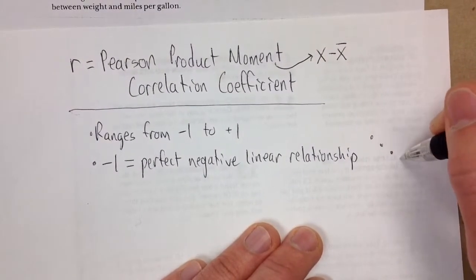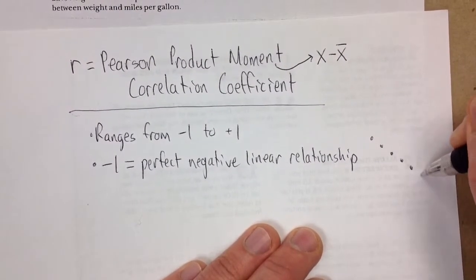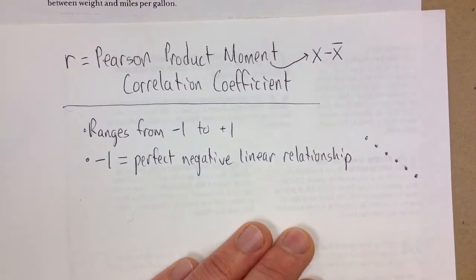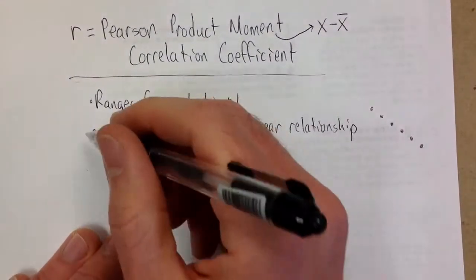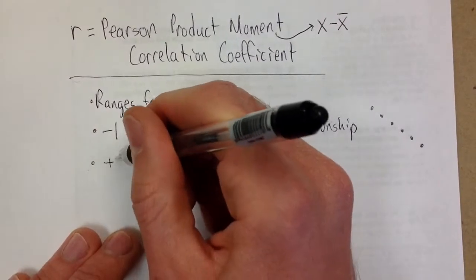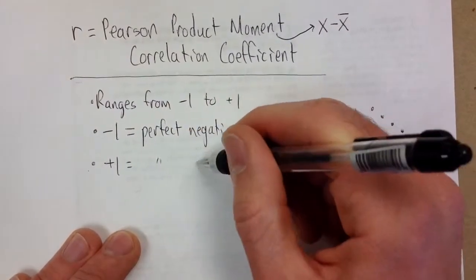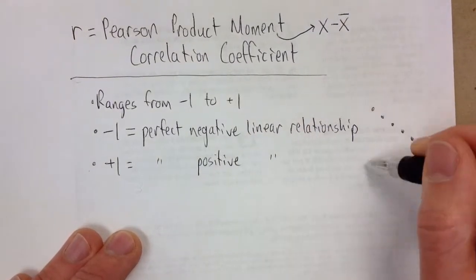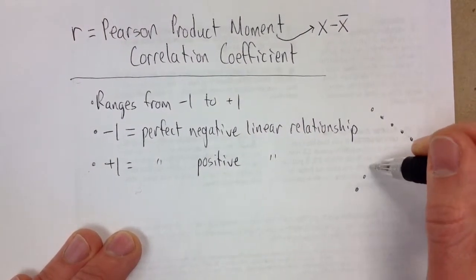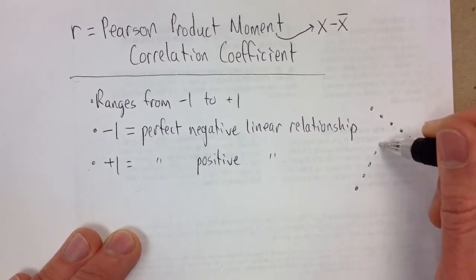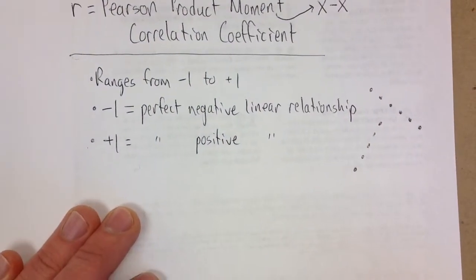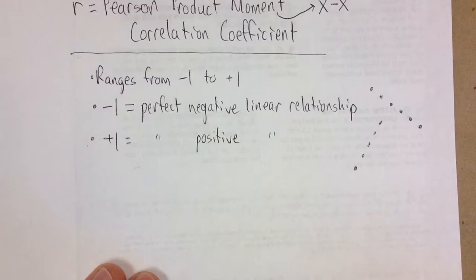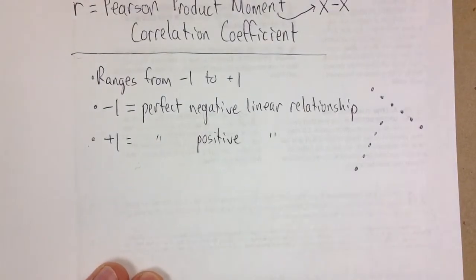They would all be collinear, and the slope would be negative. +1 means a perfect positive linear relationship. So just sloping up. 0 means no linear relationship. It could have a very strong nonlinear relationship. Please be careful when you're using r.